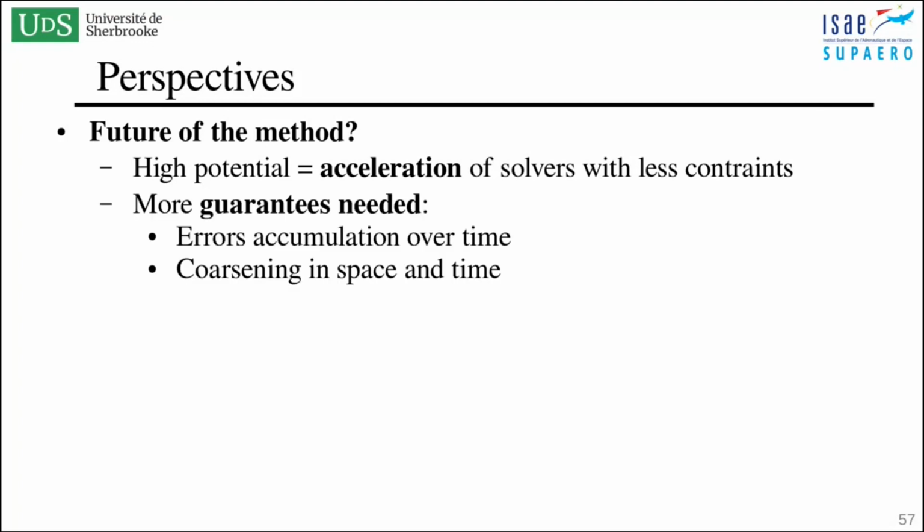But there are for the moment not enough guarantees provided by these solutions. So for example, we see that there is some error accumulation over time, and it's still not clear why we are able to do this kind of coarsening in time, also space. And so therefore we need maybe more mathematical guarantees on these conditions in order to really be able to use this in an industrial fashion.